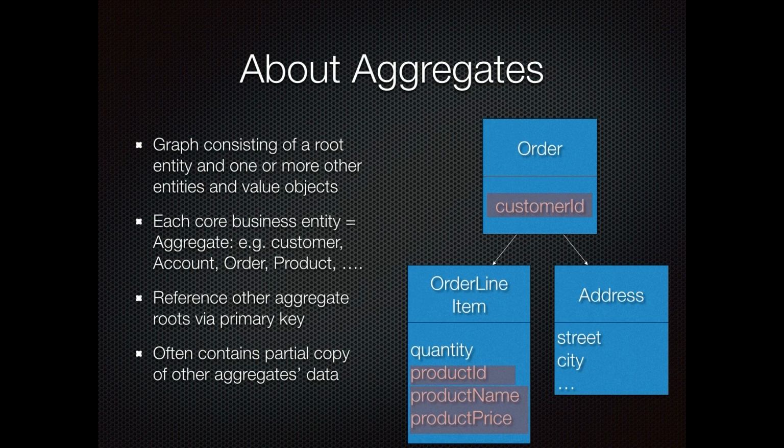And in this case, there's an argument to be made that taking a snapshot of the price at the time the order was created is actually meaningful, right? An order represents a contract with the customer, and they've agreed to a particular price, so it makes sense to snapshot it.